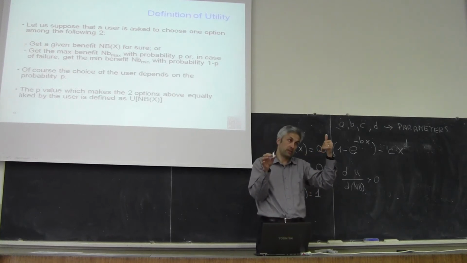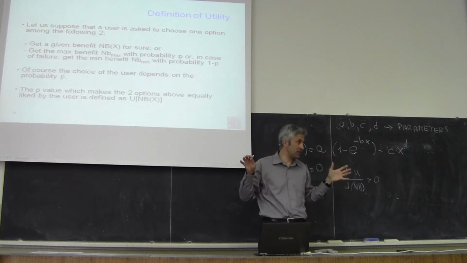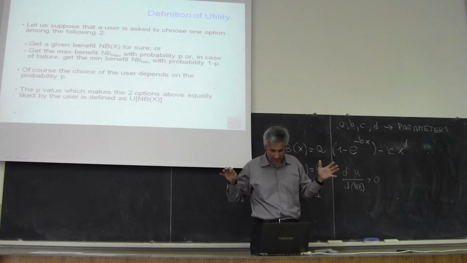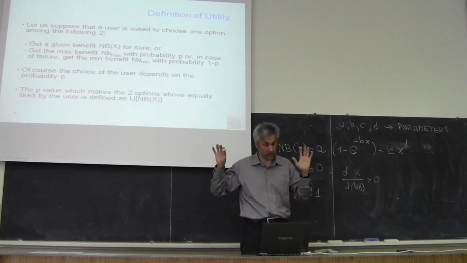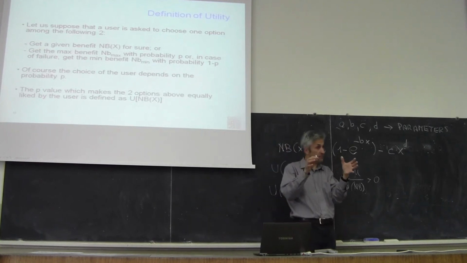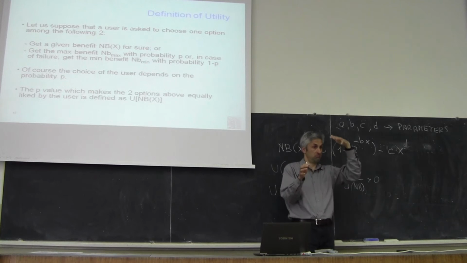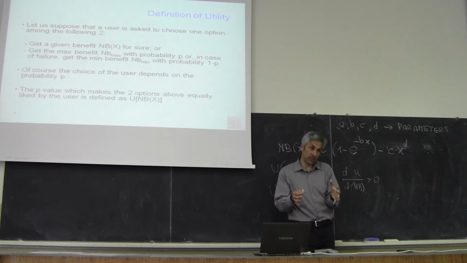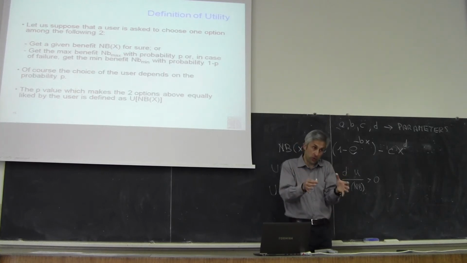Sorry, I didn't formulate it well, let me say again. You are given a given benefit for sure, like 100 for sure, and this benefit given for sure is between the minimum and the maximum.